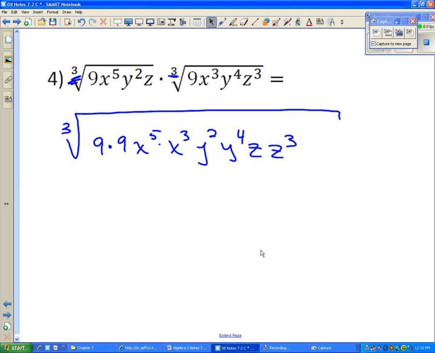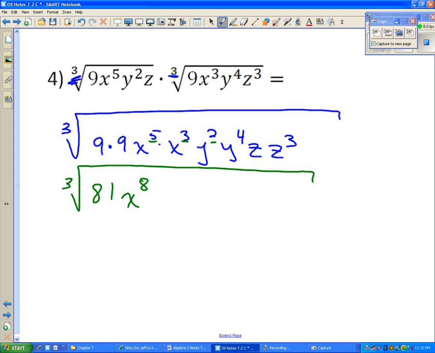Combine like terms. 9 times 9 is 81. X to the 5th times x to the 3rd is x to the 5 plus 3, so x to the 8th. Y to the 2nd times y to the 4th is y to the 2 plus 4, so y to the 6th. Z to the 1st times z to the 3rd is z to the 1 plus 3, so z to the 4th.